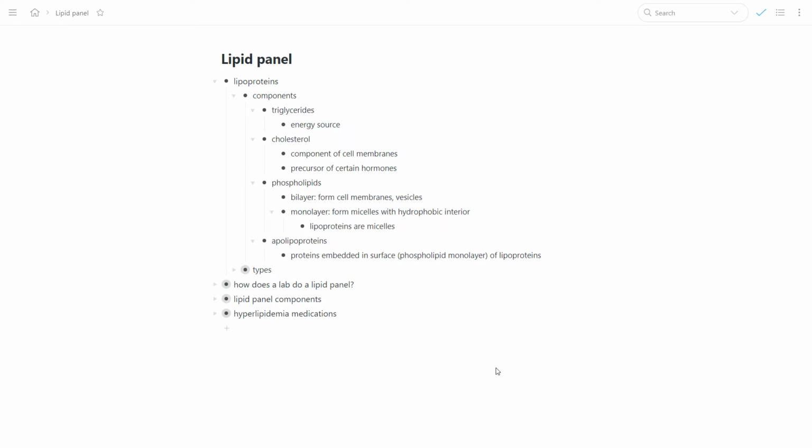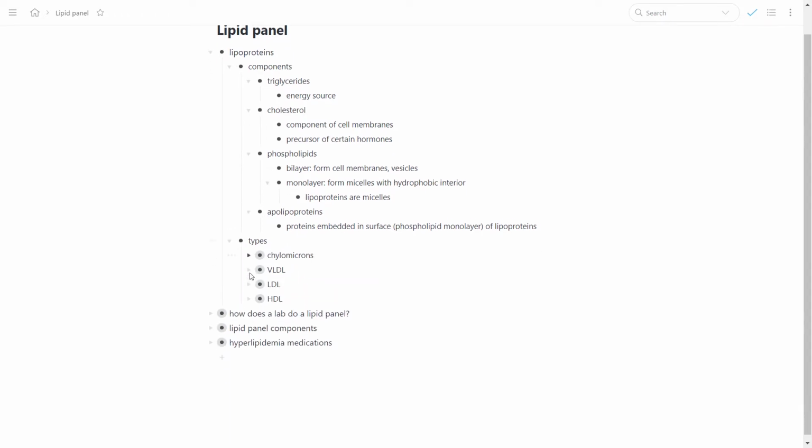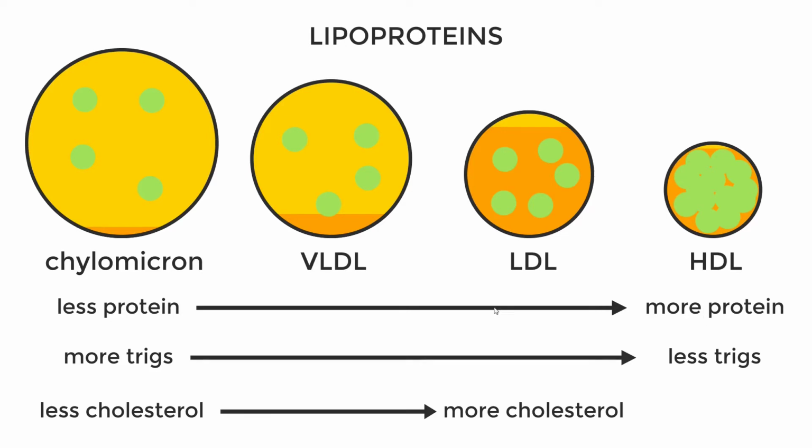Now that we've gone over the components of lipoproteins, which are triglycerides, cholesterol, phospholipids, and apolipoproteins, we can go over the different types of lipoproteins. The major lipoproteins are chylomicrons, VLDL, which is very low density lipoprotein, LDL, low density lipoprotein, and HDL, high density lipoprotein.